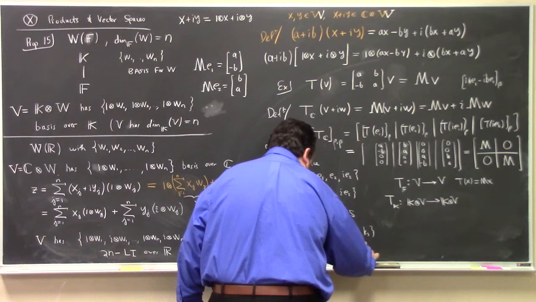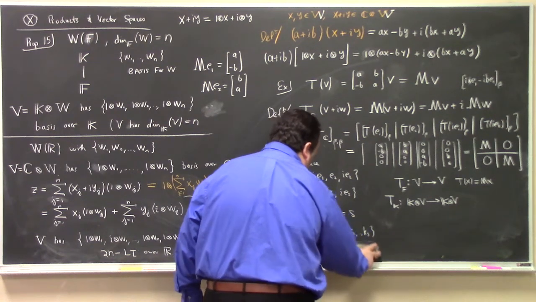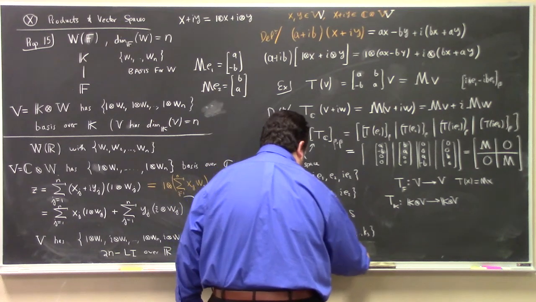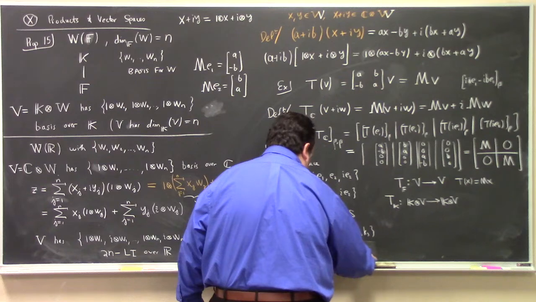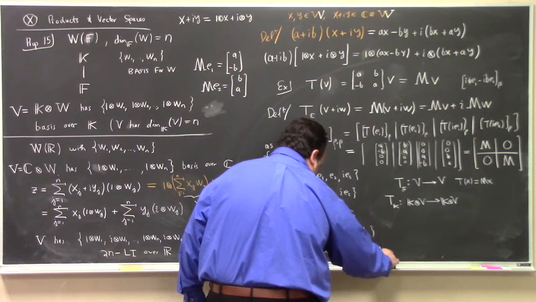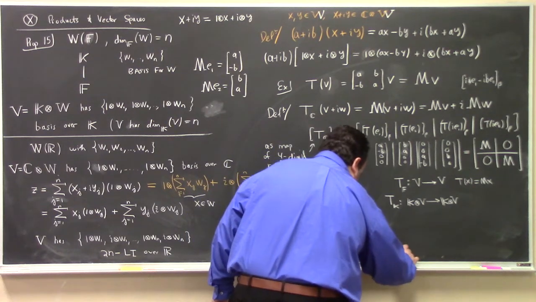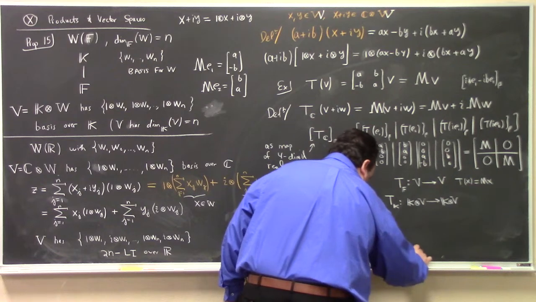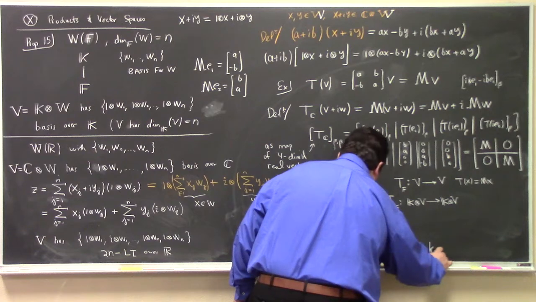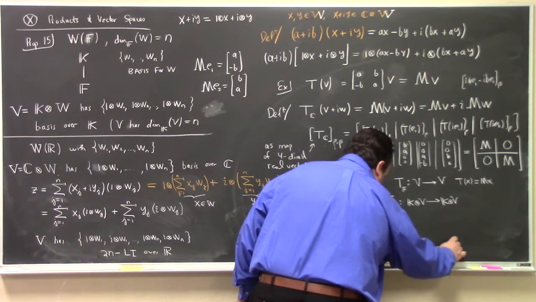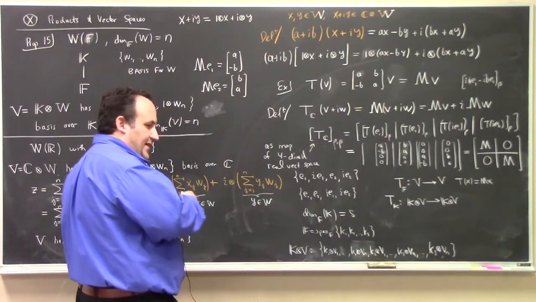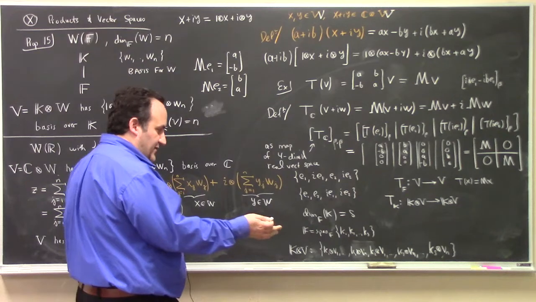K1 tensor V1, dot dot dot, K1 tensor Vn, I'm trying to stick with your basis choice. And then you do that with K2. Eventually you get K2 tensor Vn. And eventually you get the KS tensor Vn, right? That would be an S times n, an Sn dimensional vector space over F.